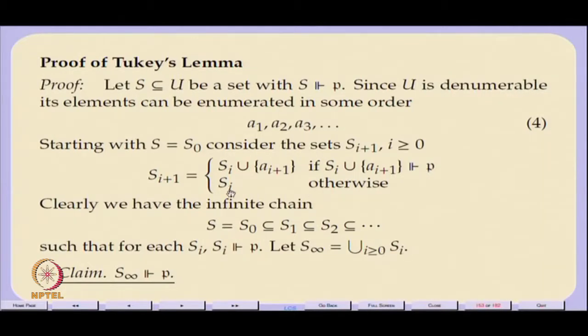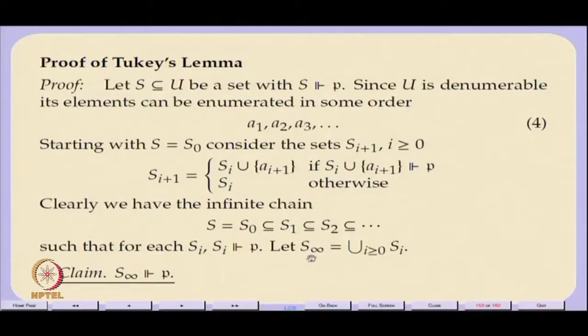Therefore, with the assumption that S i has property P by construction, since we started off with S naught which has property P, all subsequent S i's will have the property P. All subsequent S i's are also finite.